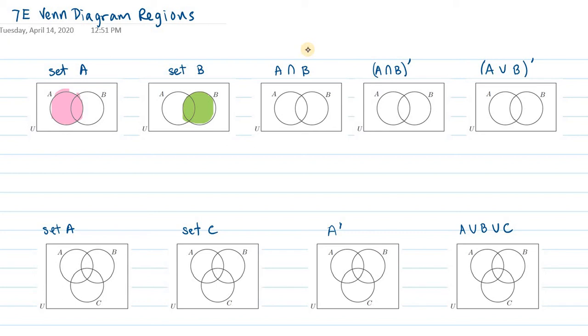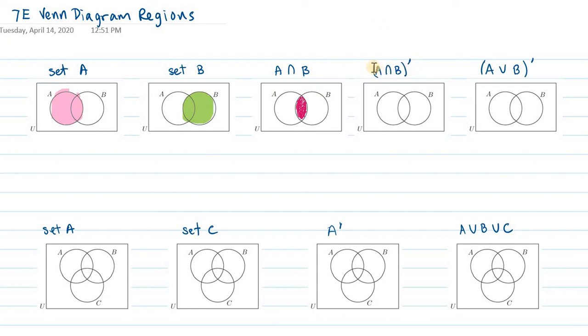So in this case, the values that they share are located in this overlapping area, so we would only shade in that part. You'll hear me call that the almond because it kind of looks like an almond. So back over here, set A was the whole circle. Set B was a whole circle. The intersection of A and B is just the almond in the middle.